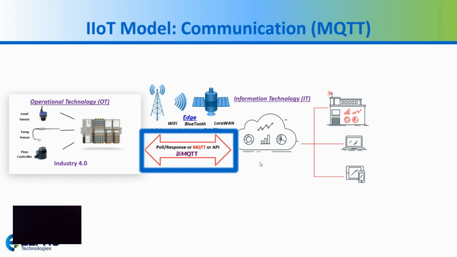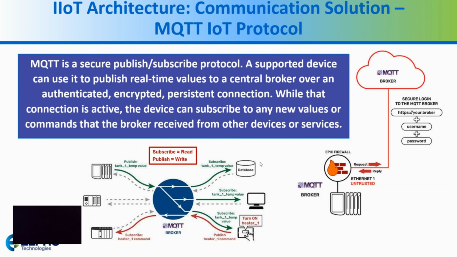So the communications, as I mentioned, is called MQTT, which is at that edge of the communications. What it is, it's a very lightweight communication protocol that publishes information, writes it, and then subscribes to clients. So the clients would ask to receive that information and read it. So it's very lightweight.